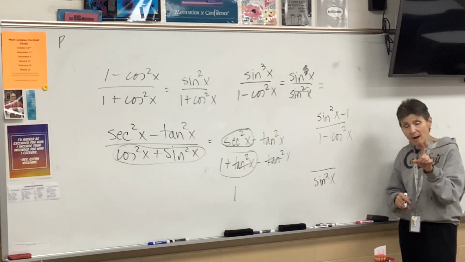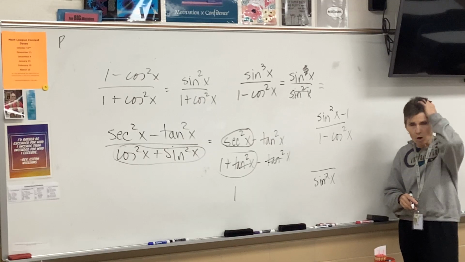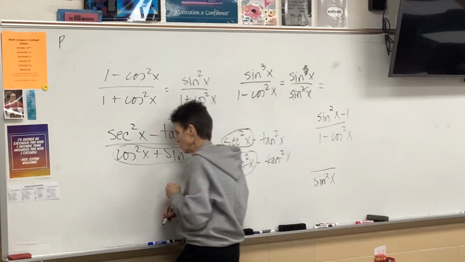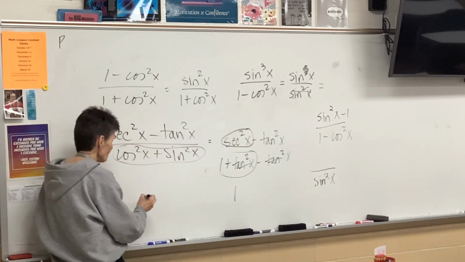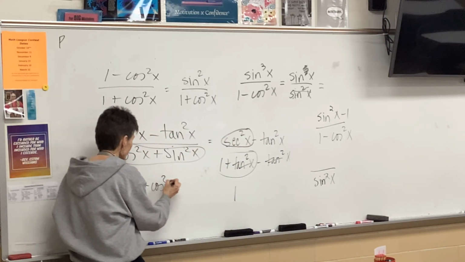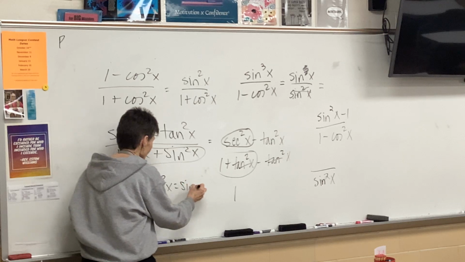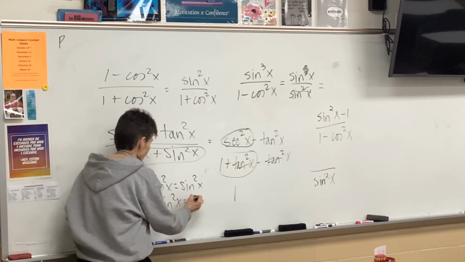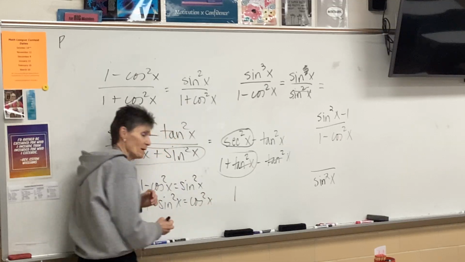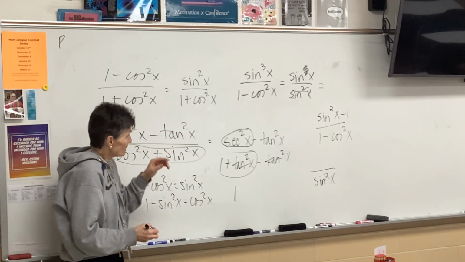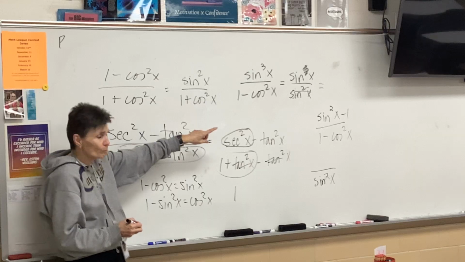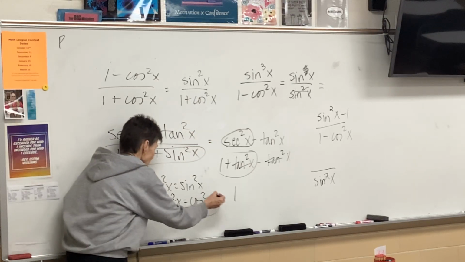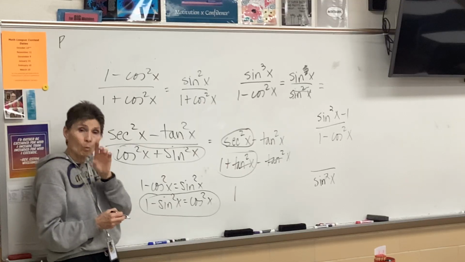Now the top, okay, there's something wrong with the top. We know, it should be written on your paper, that 1 minus cosine squared is sine squared, and 1 minus sine squared is cosine squared. These are written on your paper. Now be careful because look at your numerator. It looks like I'm going to use this thing right here, but what's the matter?